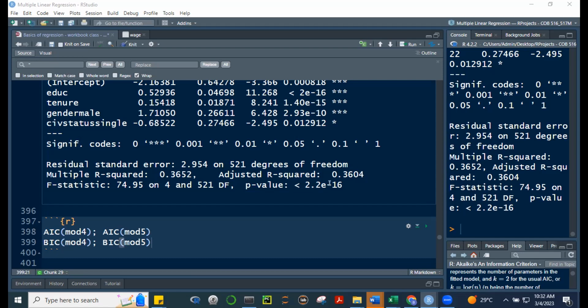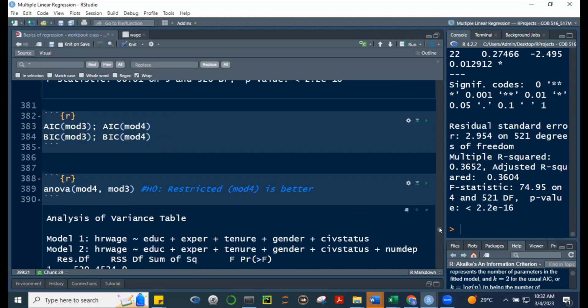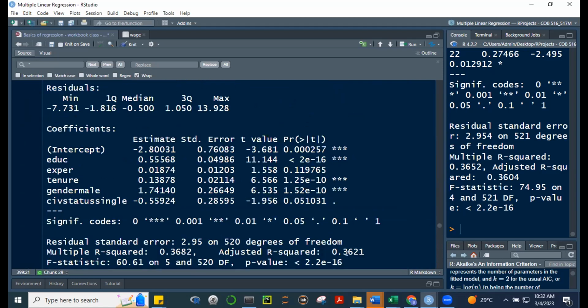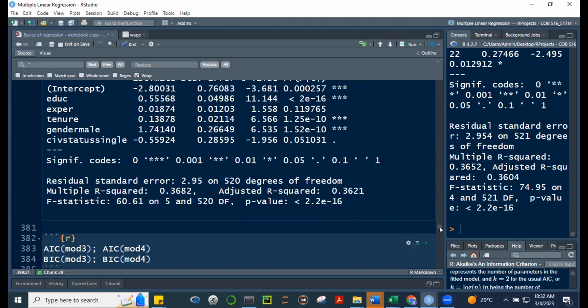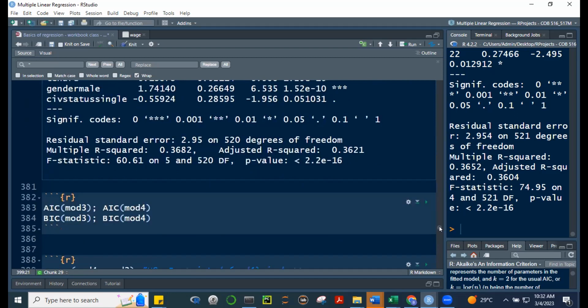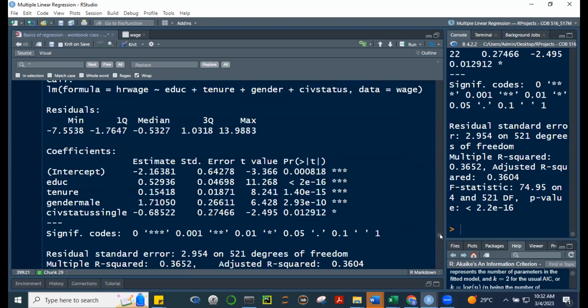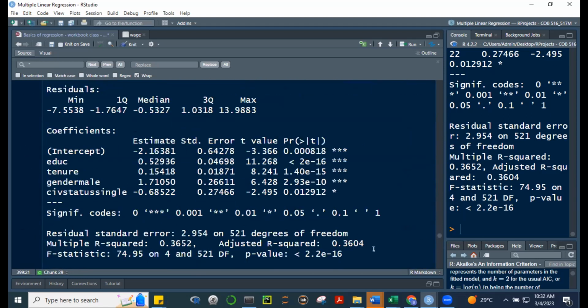Kasi dito, yung adjusted R squared natin, 36.04, right? Tapos dito, ang adjusted R squared natin, 36.21. In this model, we had more predictors. Okay? More predictors tayo dito, di ba? 36.21 yung adjusted R squared natin. Dito, less predictors, 36.04.